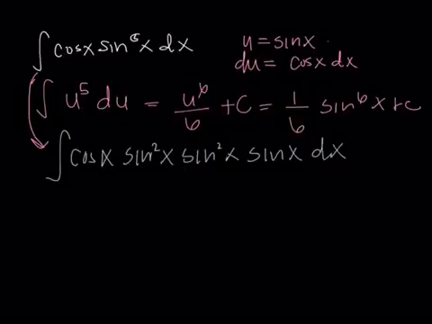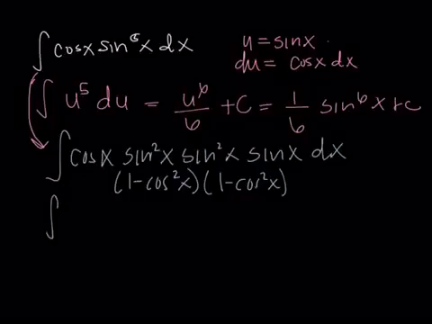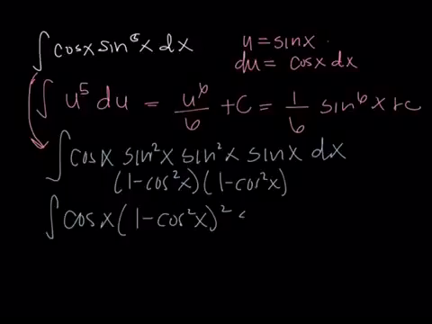And then I would be able to go a step further and say that these sine squareds are actually 1 minus cosine squared of x. Which means my integral would then be cosine of x times 1 minus cosine squared of x, squared, times sine of x dx.